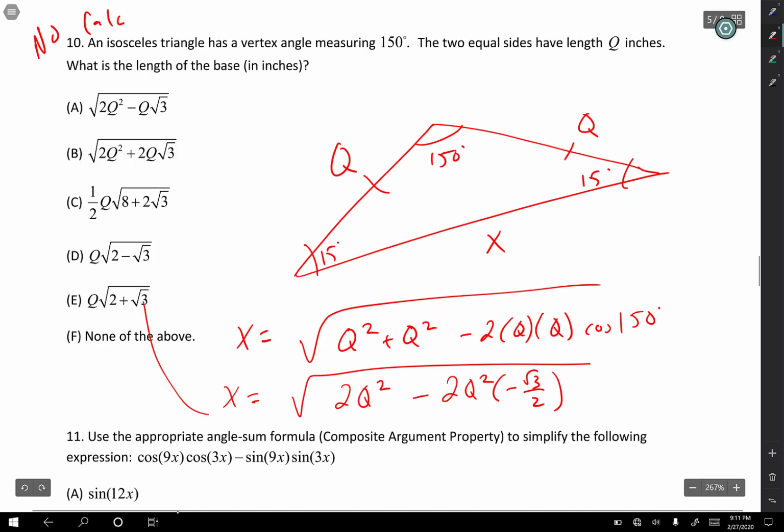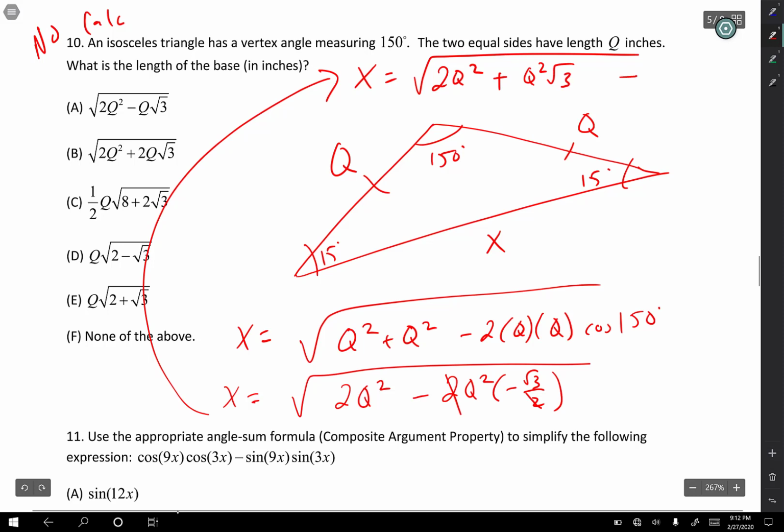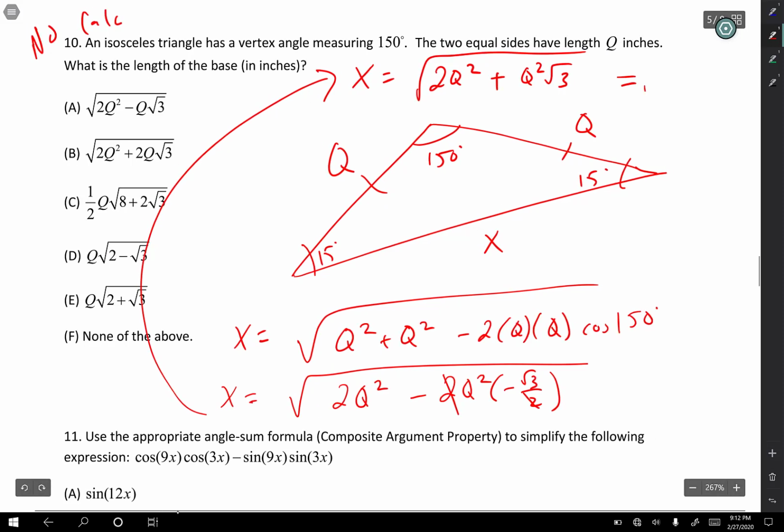Negative times negative is a positive, so x equals the square root of 2q squared plus q squared square root of 3. If you factor out q squared, I have square root of q squared times parentheses 2 plus square root of 3. The square root of q squared is just q. So q square root of 2 plus square root of 3. That looks like letter E.